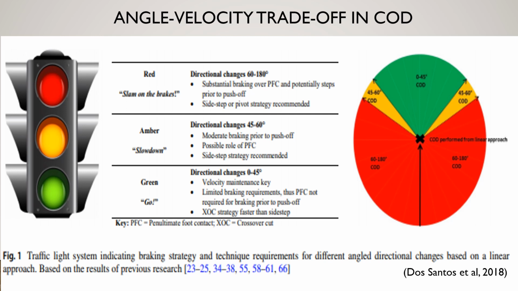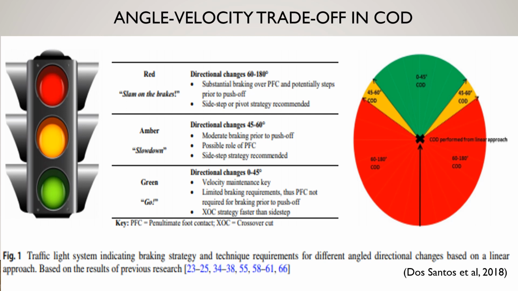Now, when we start getting to around a 45 to 60 degree change of direction, then there's a more moderate level of braking required, and we might also get some sidestep strategy in as well, but typically we would have a much lower overall amount of braking within this change of direction.